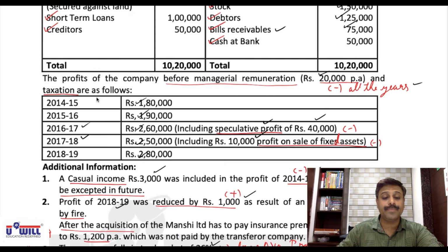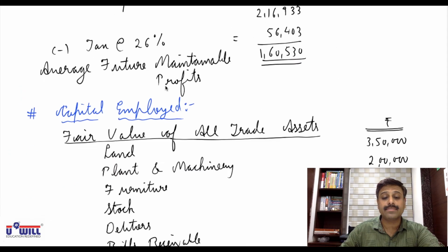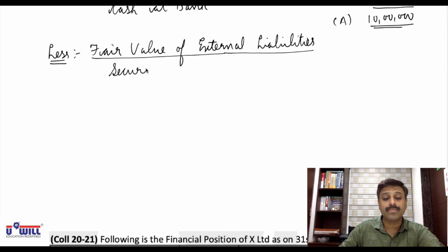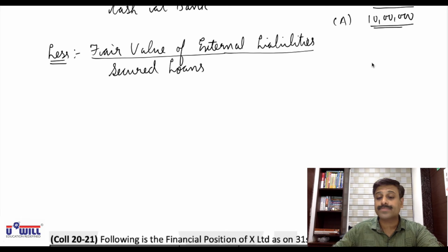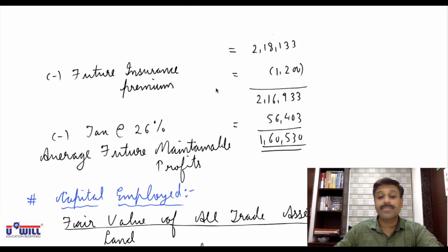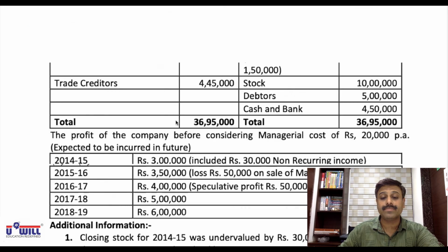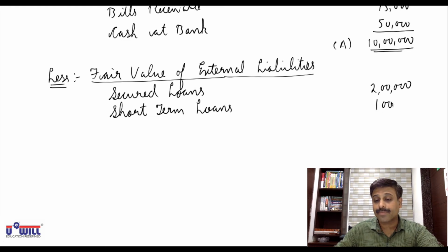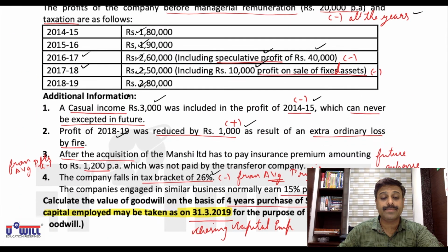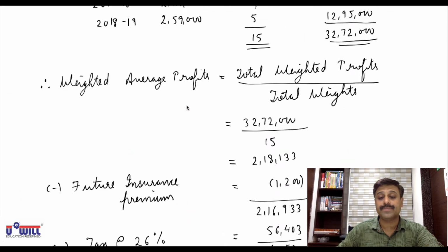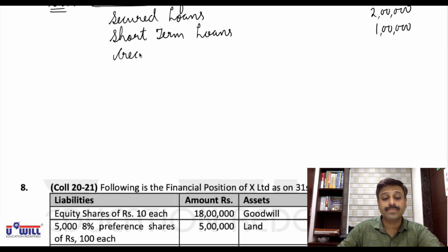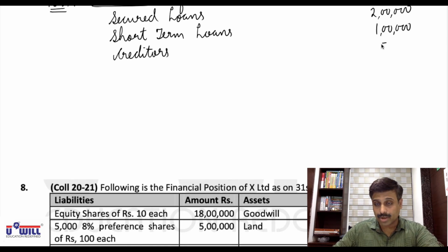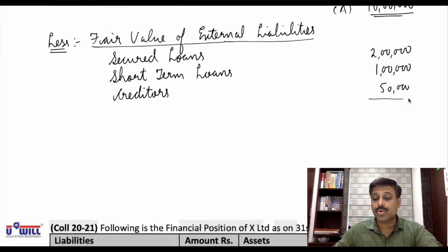Now in that we will include secured loans of 2 lakhs, then short term loans of 1 lakh, and then creditors of 50,000. So 3,50,000, B.